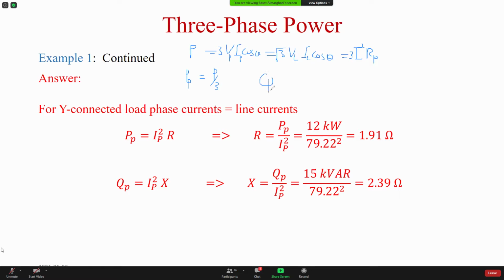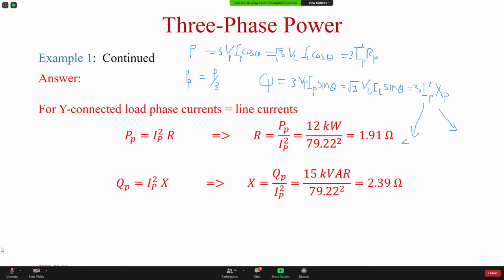If you want Q, it's 3 times phase voltage, phase current, sine the angle. Or if you have the line values, it's square root of 3, V line, I line, sine the angle. Or if you have the current and the reactance, it's 3 I squared, the phase current, times X per phase. Now P is always positive.